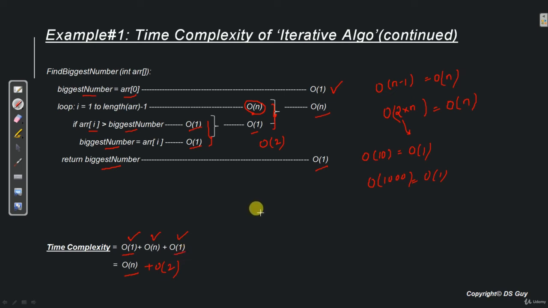Now let's quickly see why we eliminate these constant numbers. Are they not important for us? Let's say in this order of n, the value of n is 1 billion. That means it takes 1 billion units of time to process these 1 billion numbers. Now if we say order of 1 billion plus order of 1, does this order of 1 stand any chance in front of 1 billion?